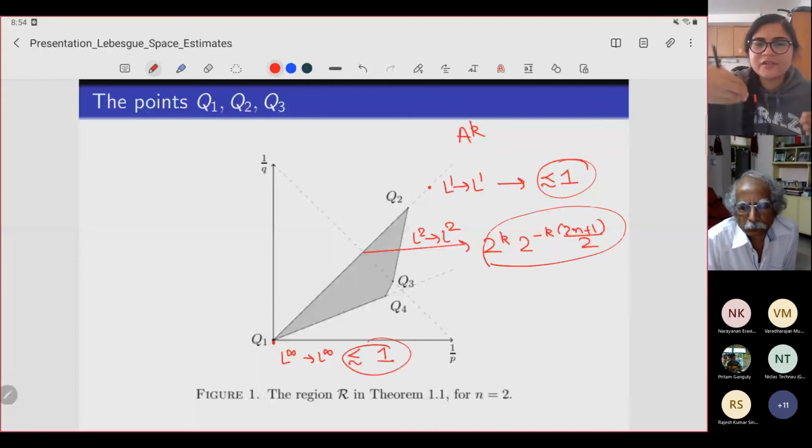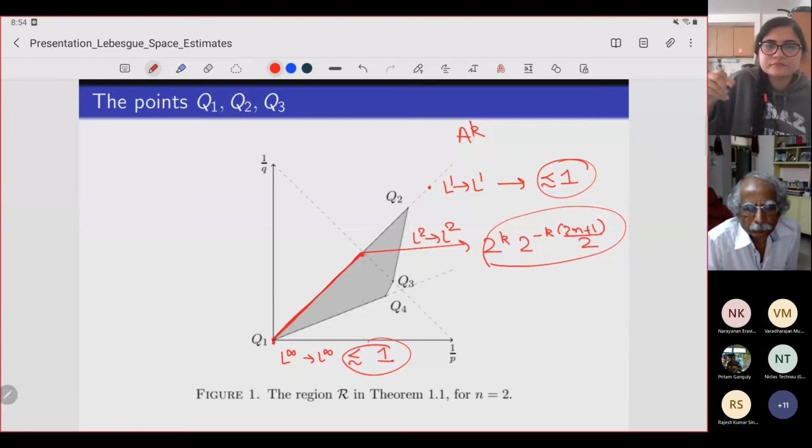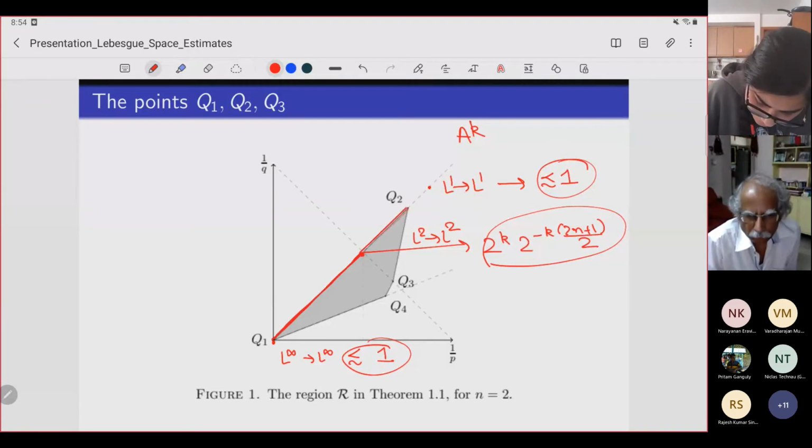So then you do interpolation and you see how far you can stretch things, and it turns out between Q1 and this L 1/2 point, when you stretch it out by interpolation, you can actually cover the entire ground. However, on the other side, you can only go as far as Q2, but you can go up to Q2, so that gives you the positive result.